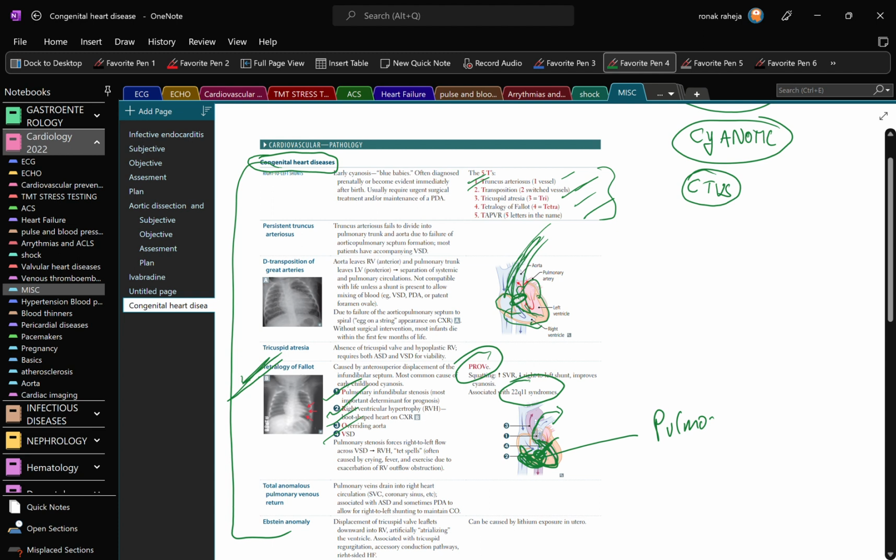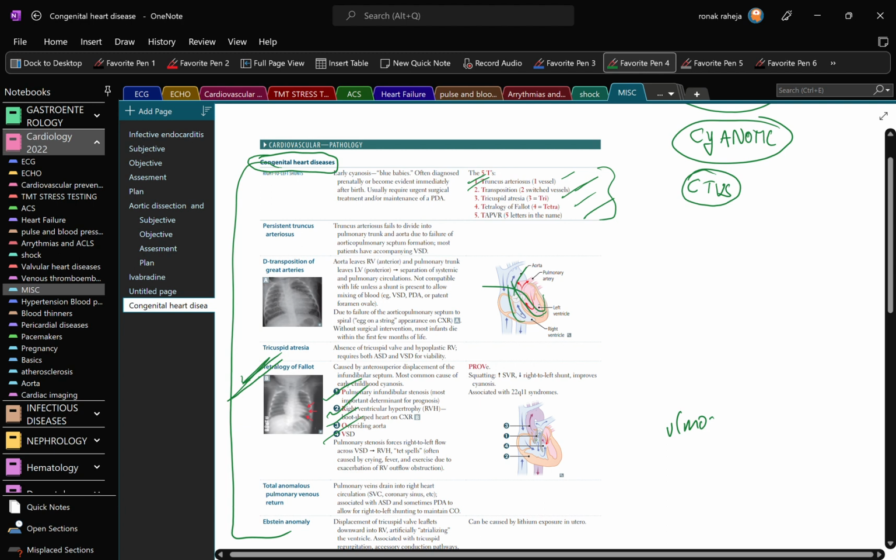Transposition of great vessels is where the 2 great vessels, the aorta and the pulmonary trunk, are switched. The aorta leaves from the left ventricle normally, and the pulmonary trunk leaves from the right ventricle normally. And what happens is they get switched. So blood from the left ventricle goes into the pulmonary trunk, and blood from the right ventricle goes into the aorta.